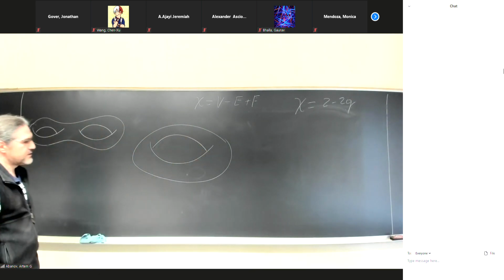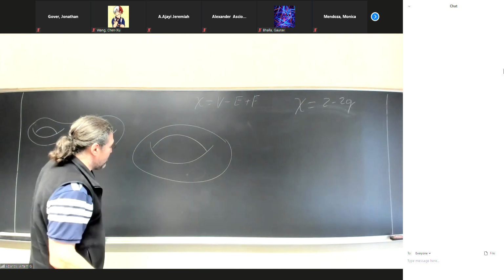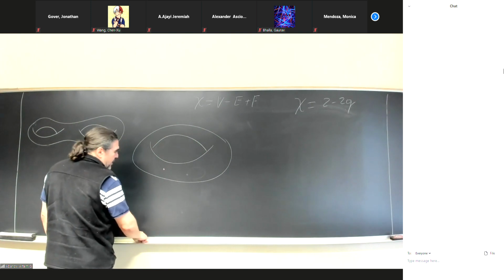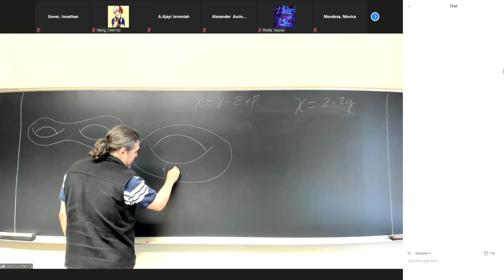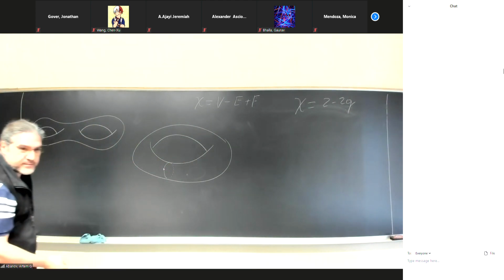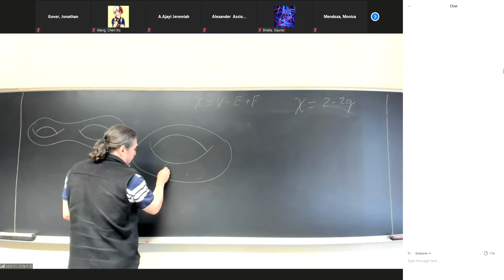All right, here's my torus, and so what I do, I put one dot here, one point, and now my first edge is going like this, goes around there. Is it clear? And my second edge goes like this.